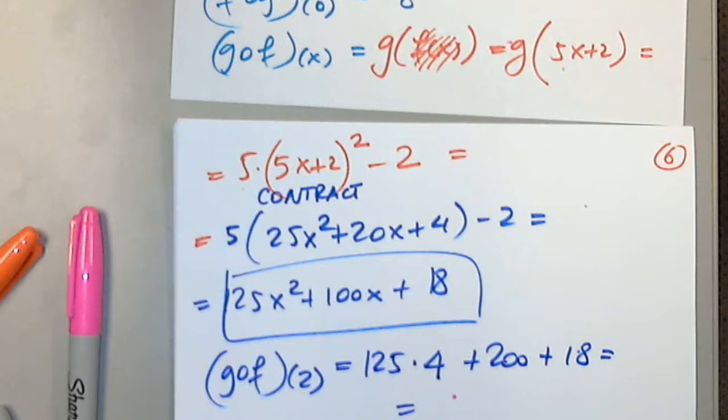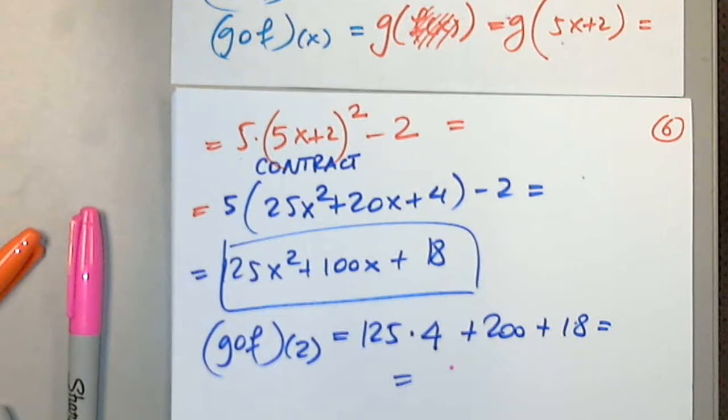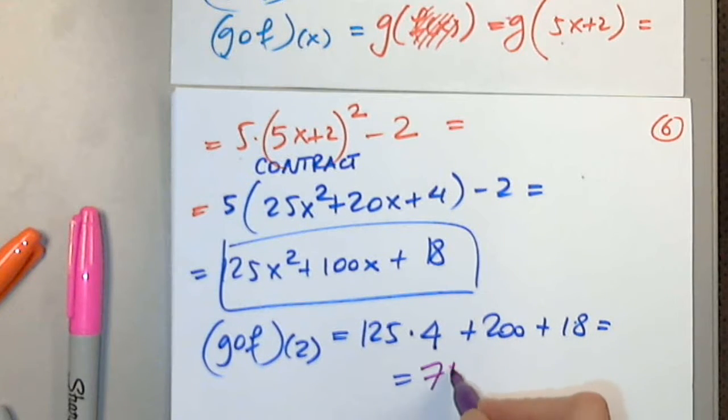If you want to give me this number, just give me the number and I'll put it in. That's 500, 700, 718. Good.